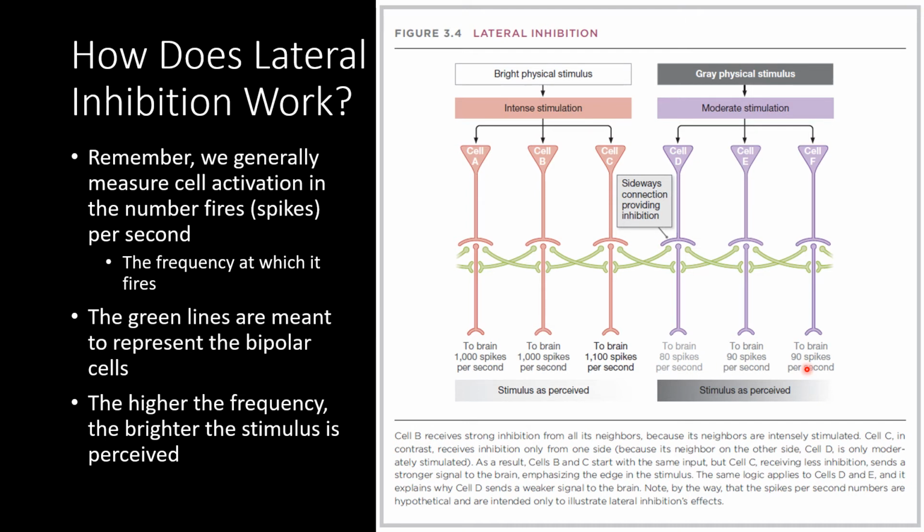Well, this is because of the function of bipolar cells. While this photoreceptor is getting activated, it's firing at, let's say, 1,000 spikes per second. It is not only activating the ganglion cell, but it is also activating these two bipolar cells. And these two bipolar cells will ultimately inhibit what they're connected to as much as they are themselves excited.